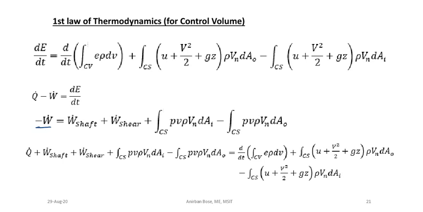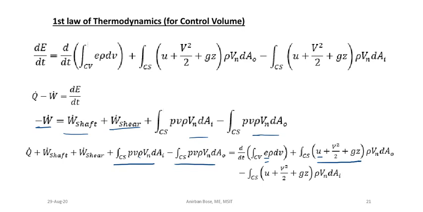Here you can see the work done components. If you simply take these two quantities to the other side, small e is written as kinetic energy, potential energy, and the internal energy.